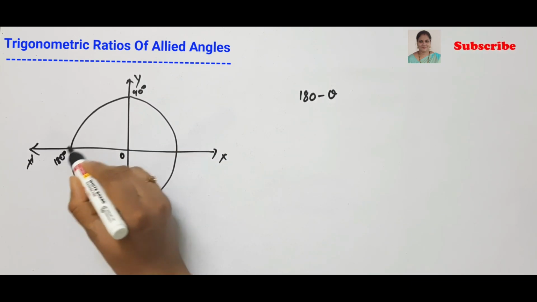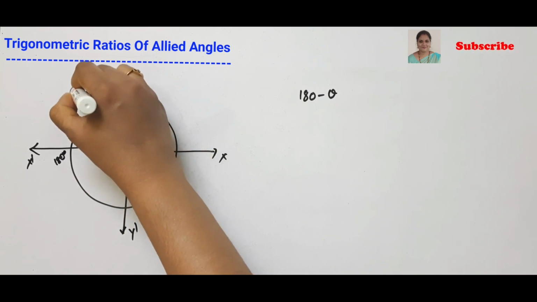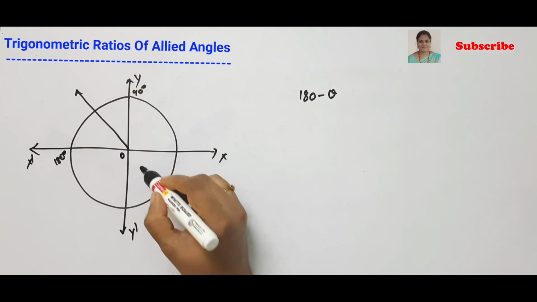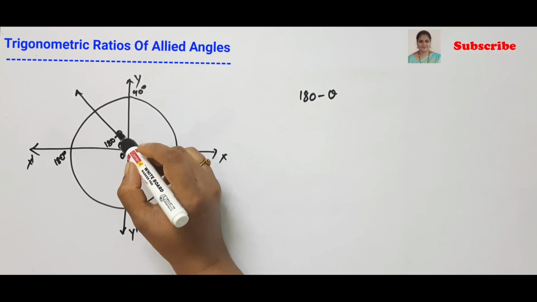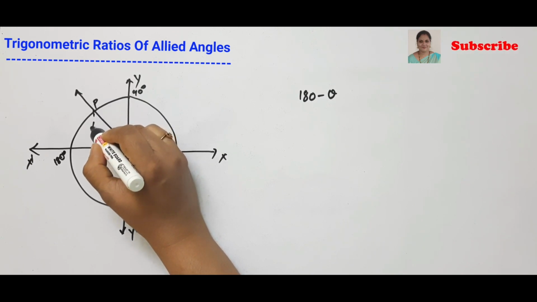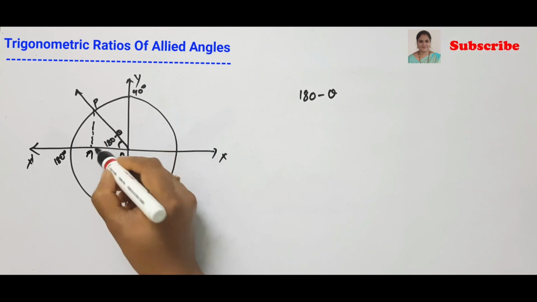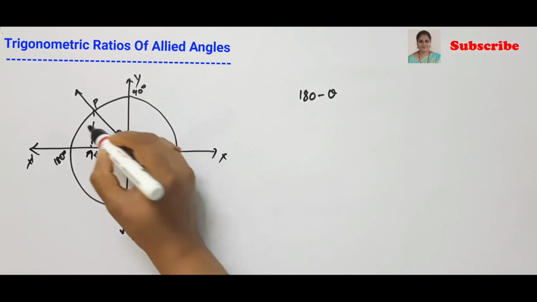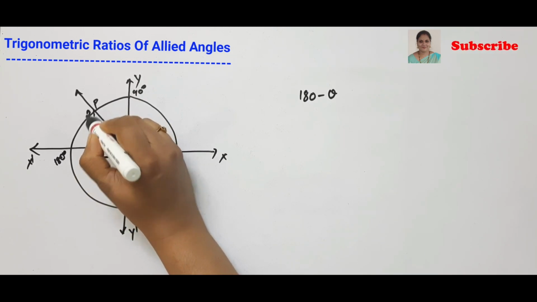So in the second quadrant, the angles will be less than 180. Let this point be P. From the point P, draw a perpendicular. Let this be M. The distance from here to here is minus x. The length of PM is y.